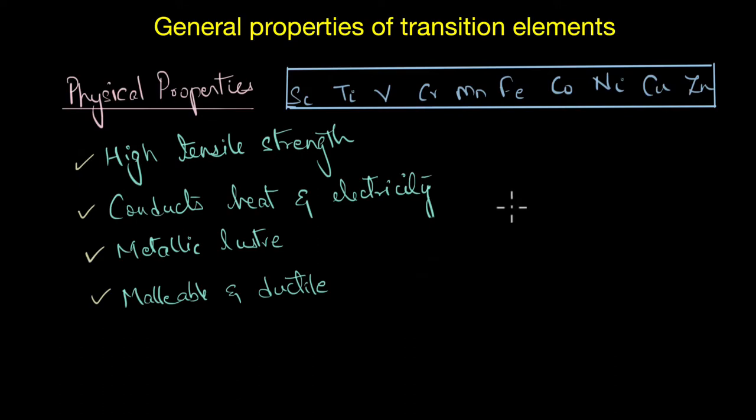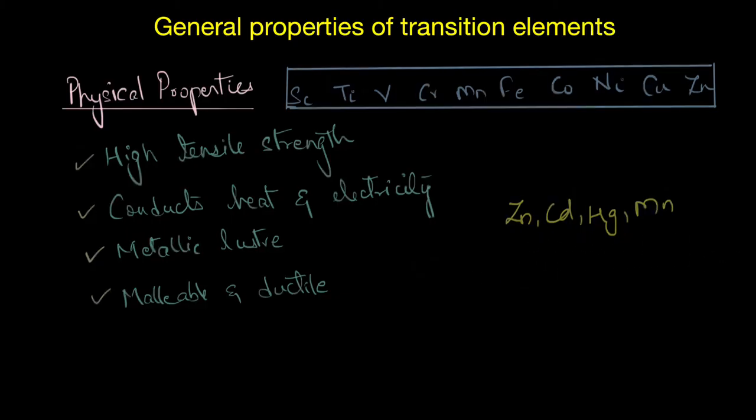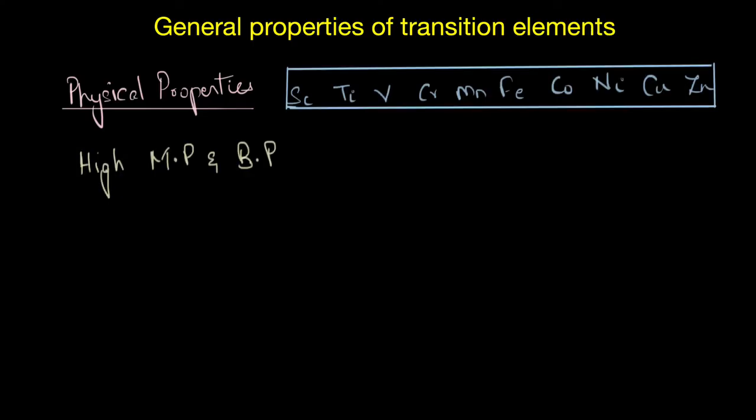With a couple of exceptions like zinc, cadmium, mercury, and manganese, all of them have metallic lattice structures. Transition metals are also quite hard and have high melting and boiling points. And this high melting point is due to the participation of a large number of electrons. You see, we usually expect the outer valence electrons of an atom to be involved in bonding, and that's correct.